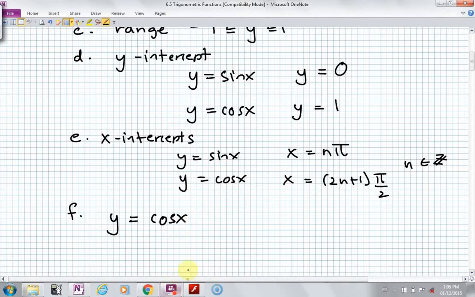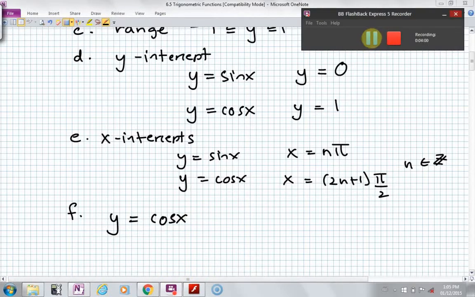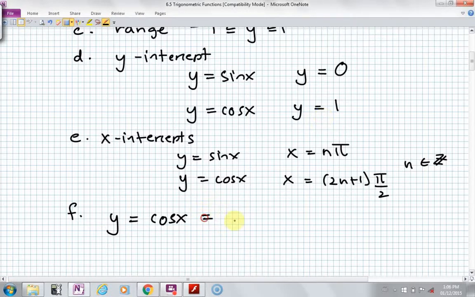If we are looking at the graphs of the two and comparing them, if I slide sine x left pi by 2, I will get cosine x. And so they are related to each other in that they're a translation one to the other. Same size, same shape, just different location on the graph. Okay, a pi by 2 translation to the left.